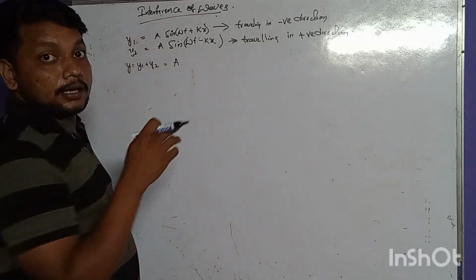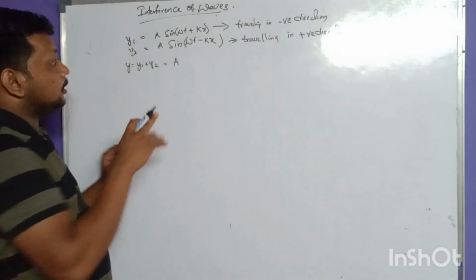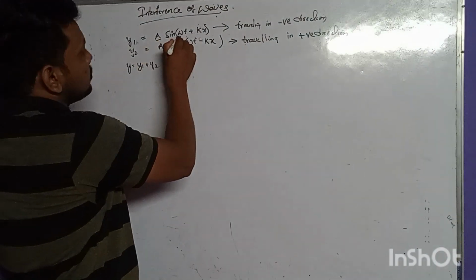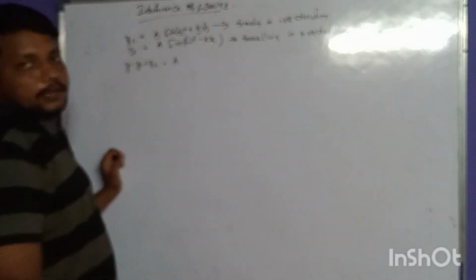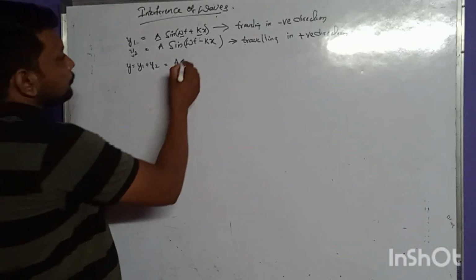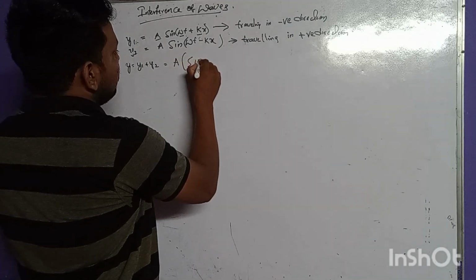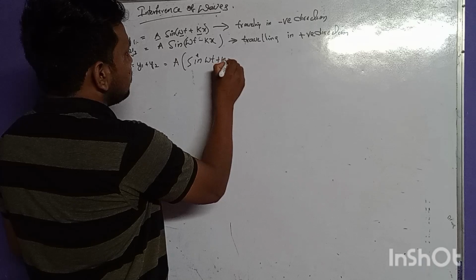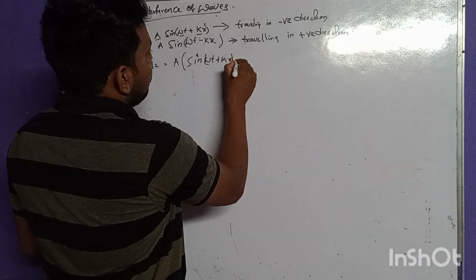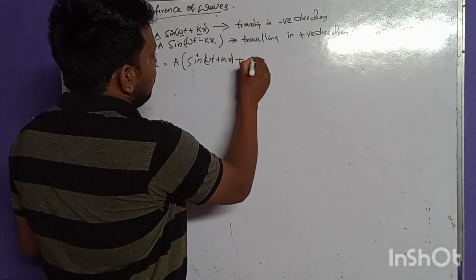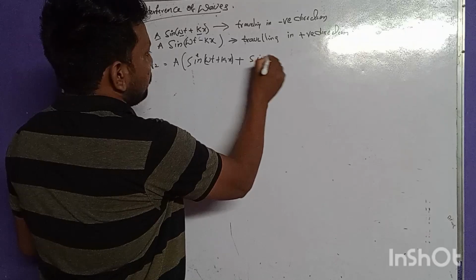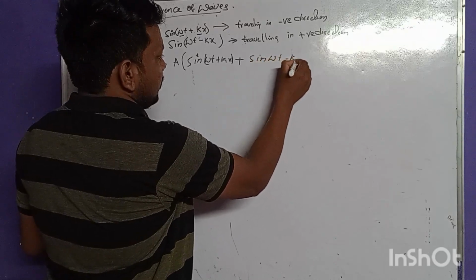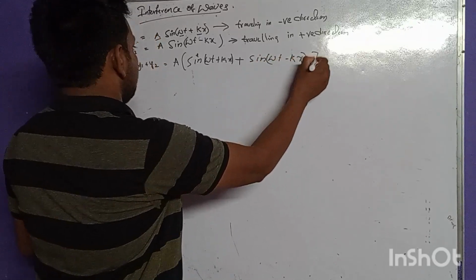We are considering both waves are having same amplitude, same frequency, same wave number, right? sin(omega t plus kx) plus sin(omega t minus kx), right?